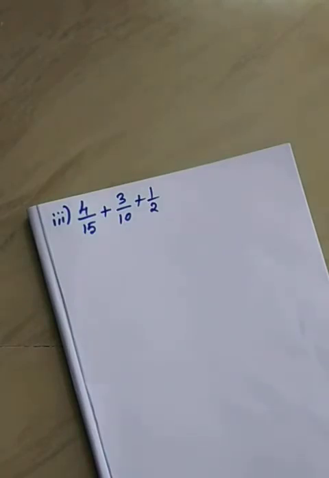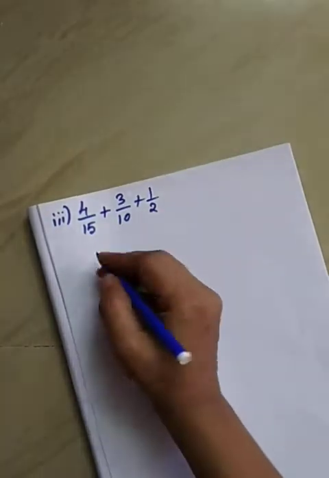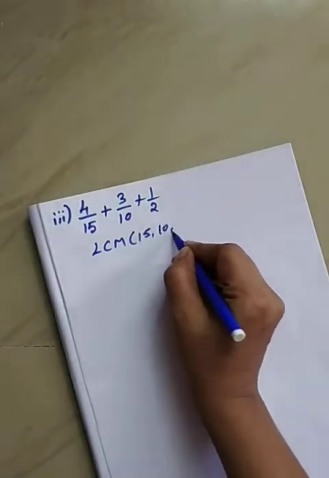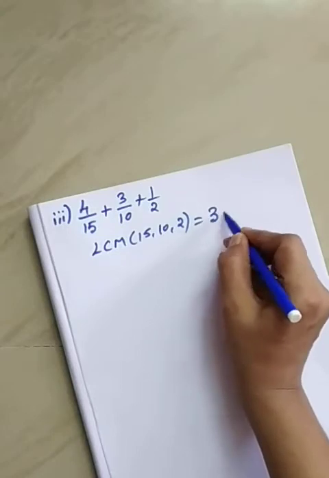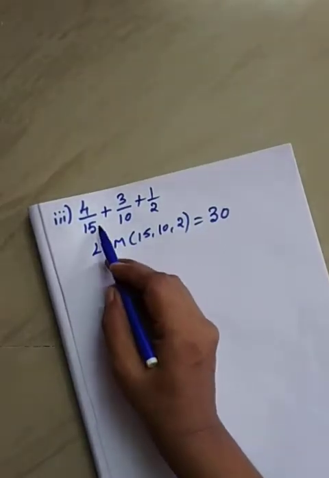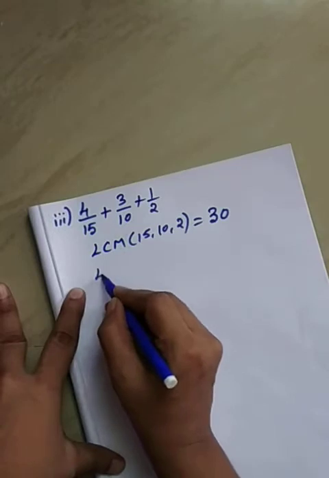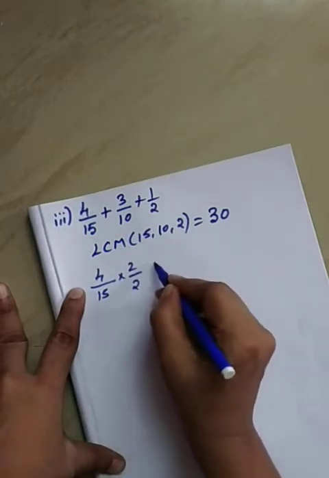Or otherwise you can take the LCM of the denominators for this one. What is the LCM of 15, 10, 2? The LCM is 30. Clear? Now you need 30 for the denominator. So which value do you need? Into 2. So 4 divided by 15, you can take 2 divided by 2.